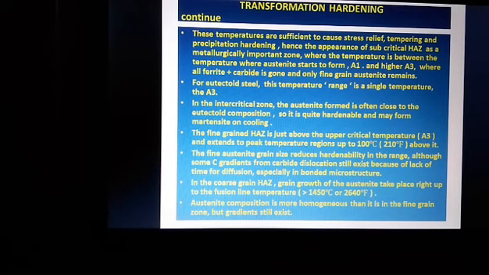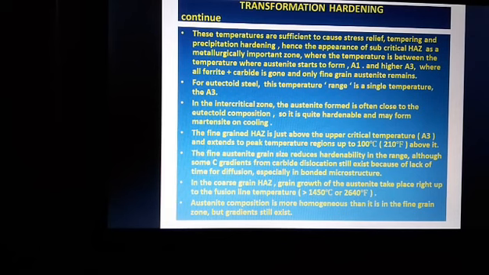In the coarse grain zone, grain growth of the austenite takes place right up to the fusion line, with temperatures above 1400 to 1450 degrees centigrade.